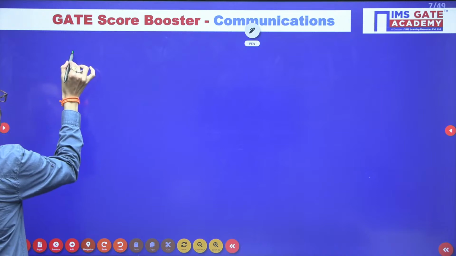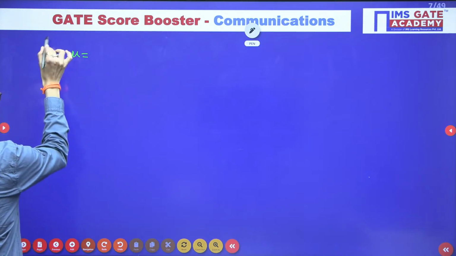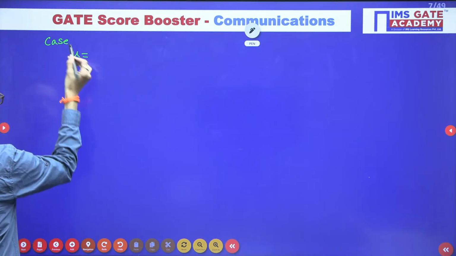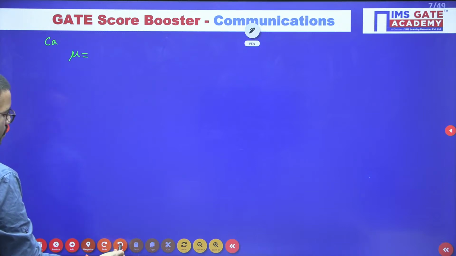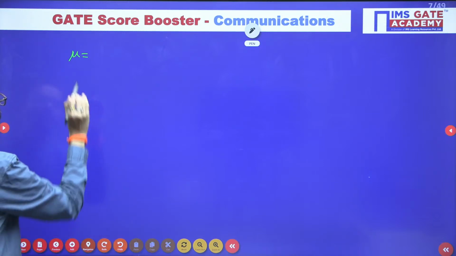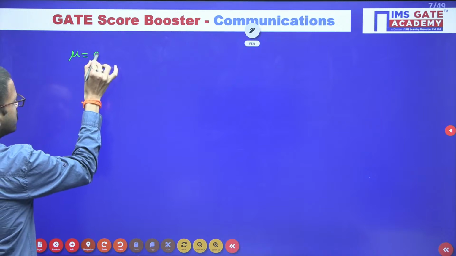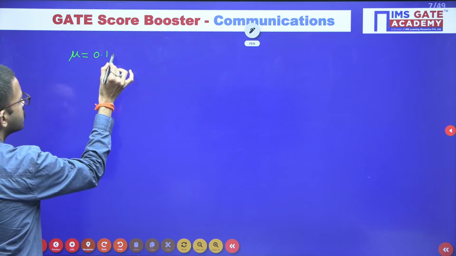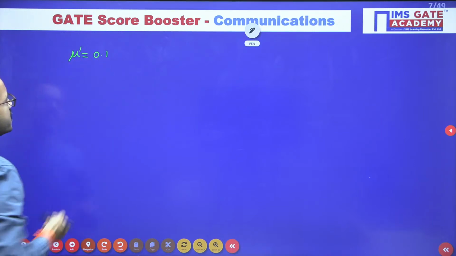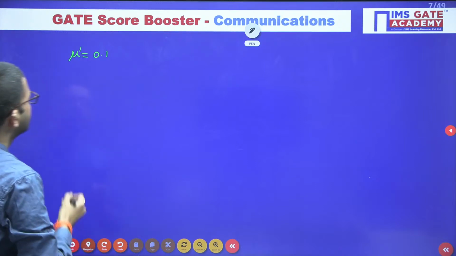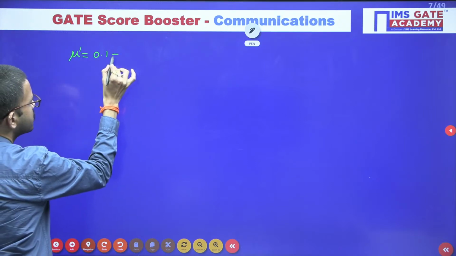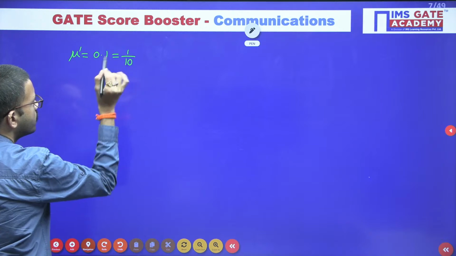Here I am mentioning case 2. Here we require modulation index as 0.1, which I am representing as mu dash. So this 0.1 we can write as 1 by 10.